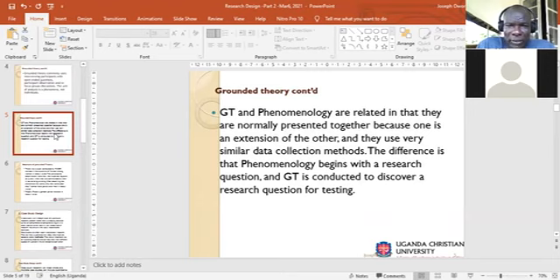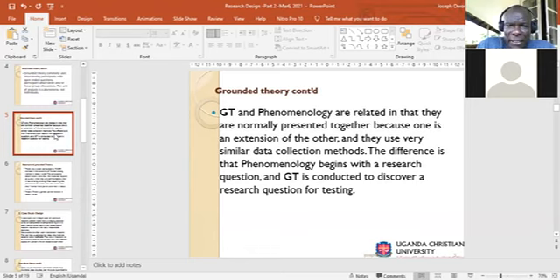I told you that in grounded theory, you're observing phenomena, and phenomenology is actually the study of phenomena, but also using some skills or some techniques that are purely qualitative. So they are related in that they are normally presented together because one is an extension of the other. And they use very similar data collection methods.